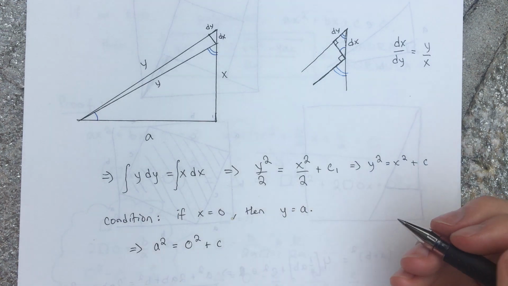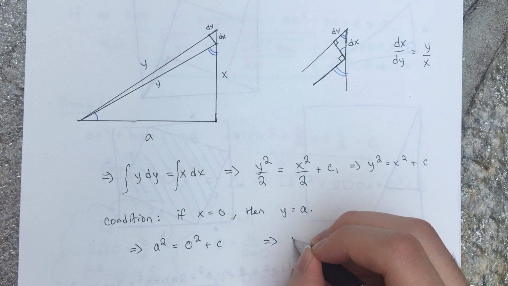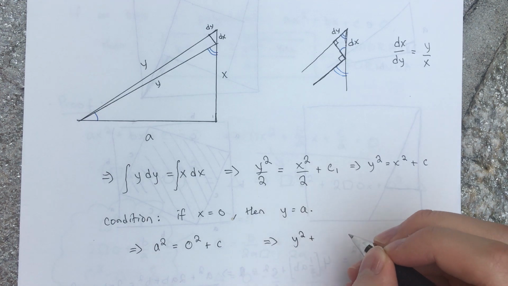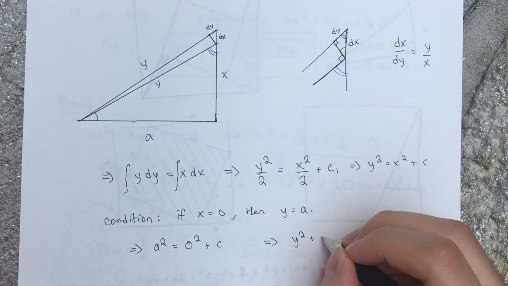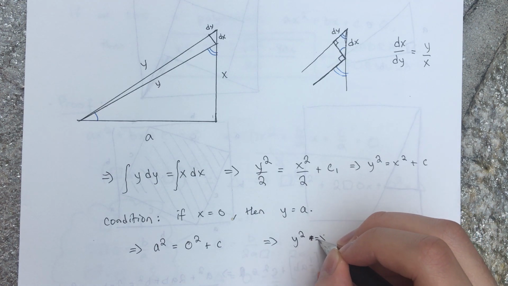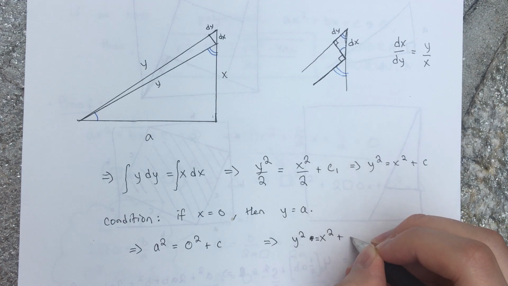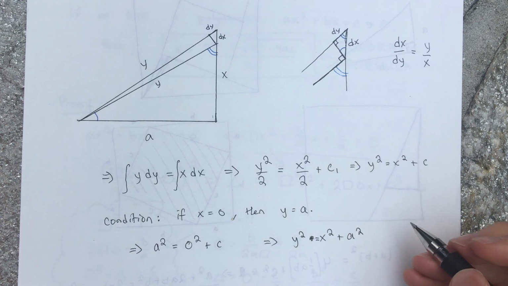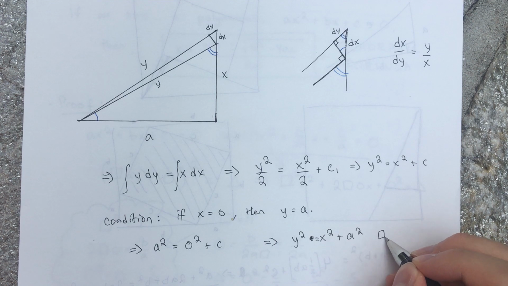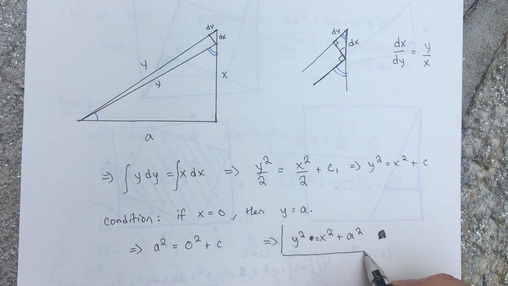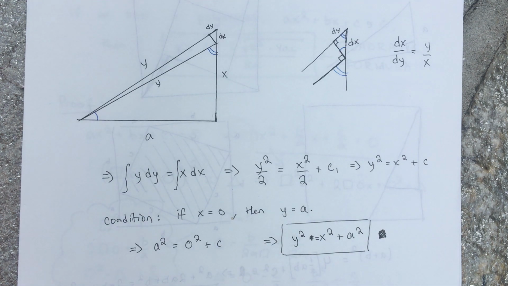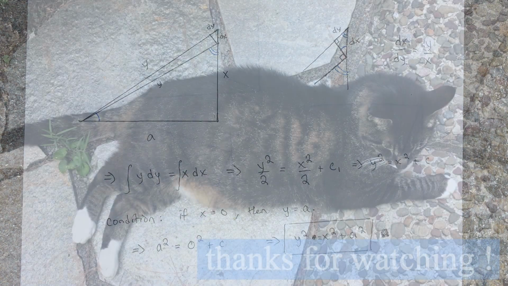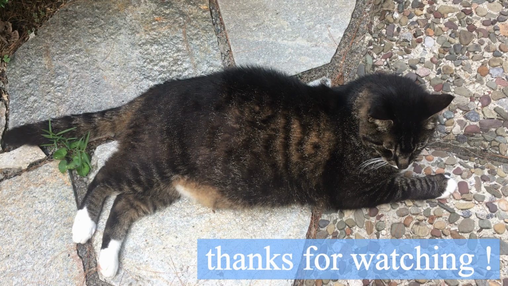We get c is equal to a squared. And this, of course, leaves us with Pythagoras's equation. And that concludes the final proof.